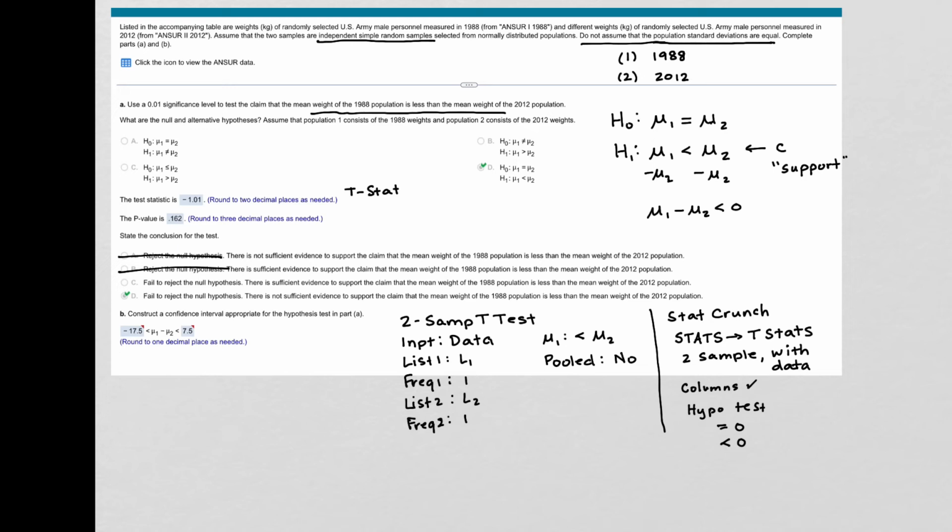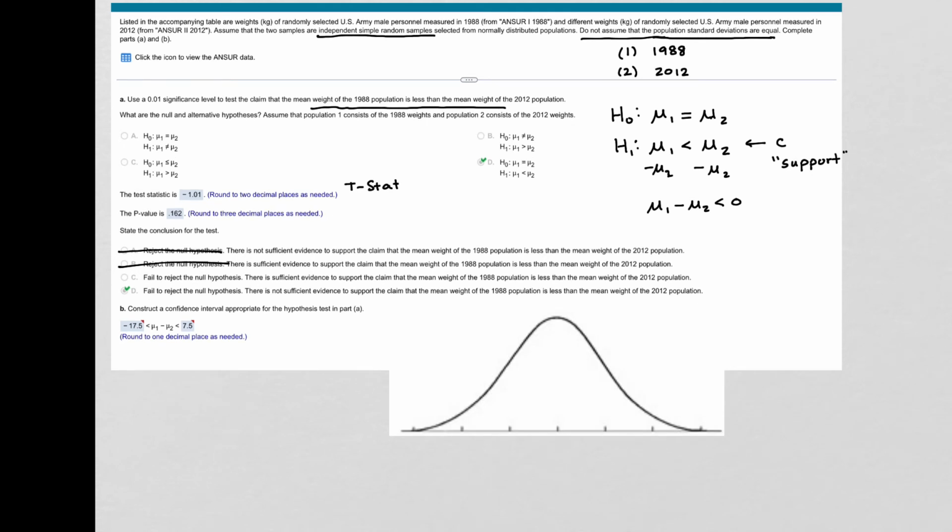So now I want to construct my confidence interval for this. What I'm going to have to do is figure out what my confidence level should be. So I'm going to erase what I have on the screen here to make some space. We know that the area in the left-hand tail is 0.01 because that was our significance level.